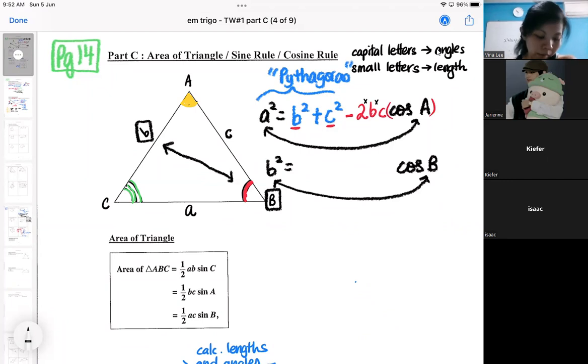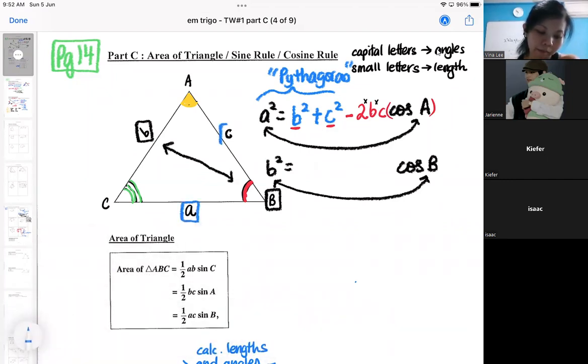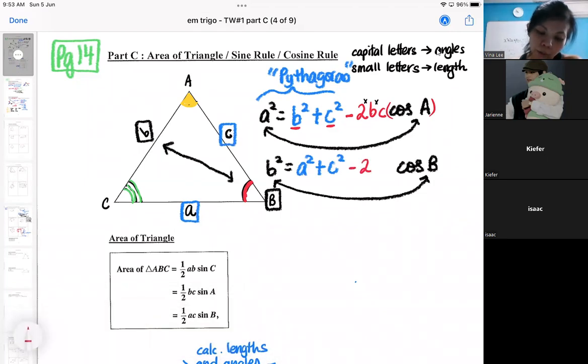So in between, you do a fake Pythagoras again. Can you see the structure? You subtract off 2AC bracket with cosine B. And all these are multiplication.